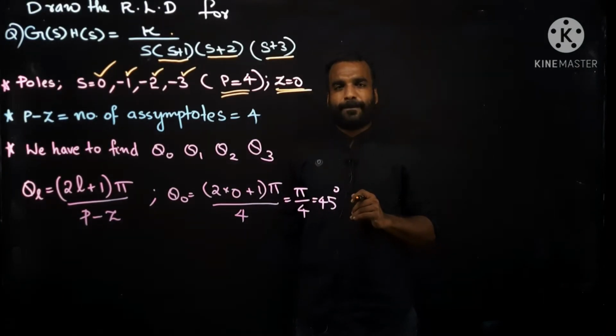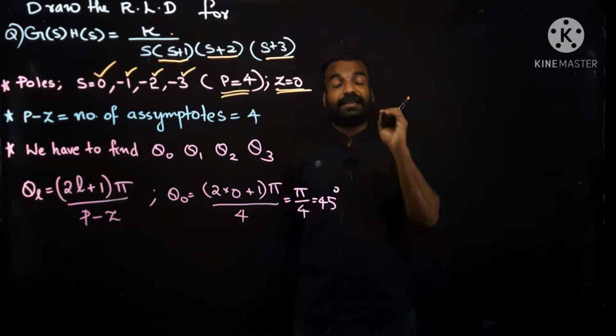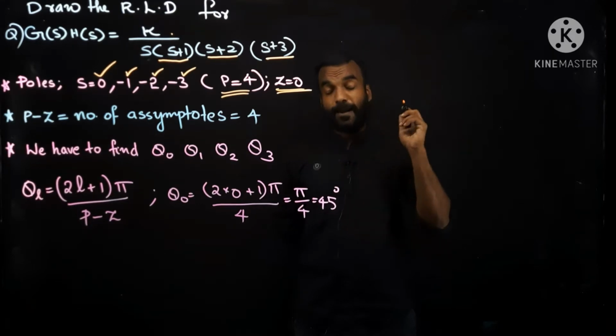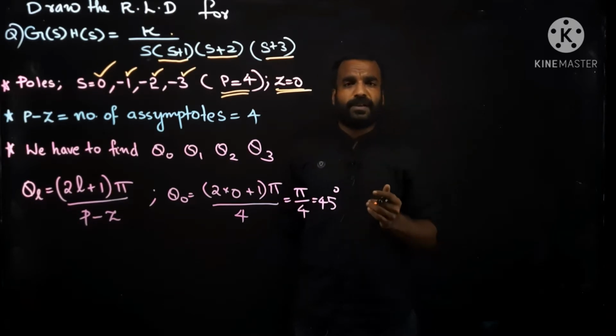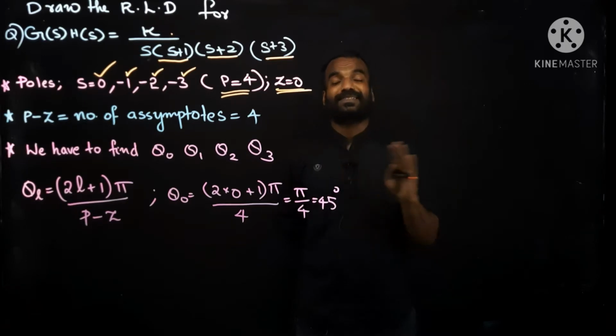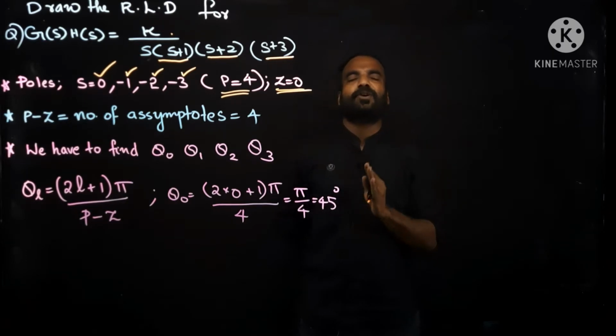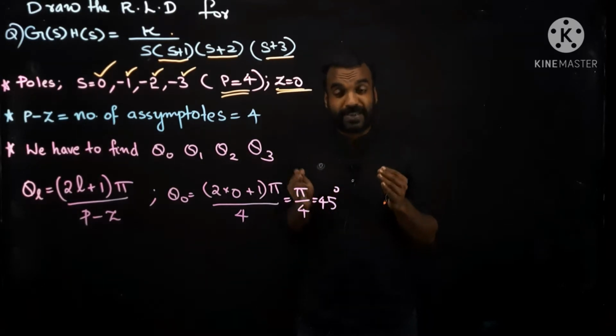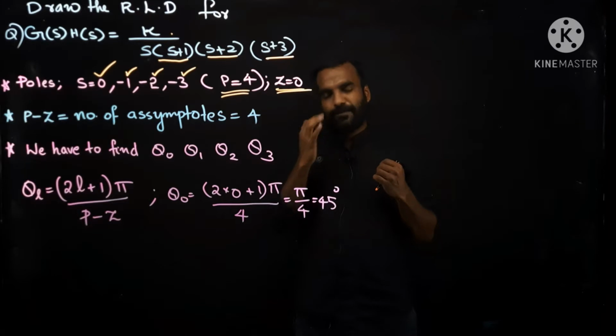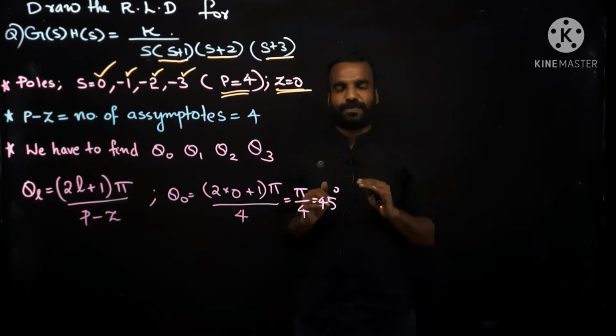At this moment, while appearing in an exam hall, you have to think there are 4 poles, but no zeros. From the initial knowledge itself, we know every pole requires its own zero for completing the root locus branch.